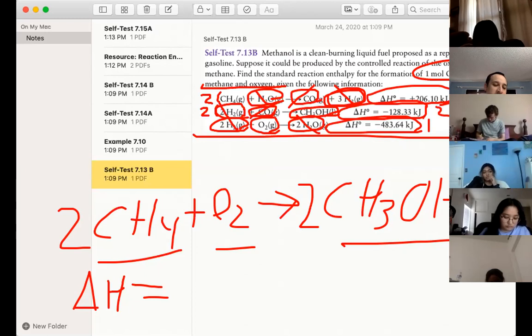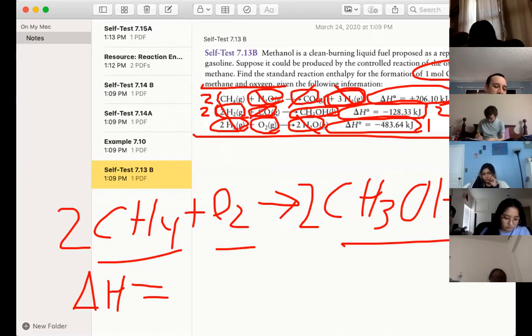So 2 times 206 is 412. 2 times negative 128 is negative 256. So 412 minus 256 is 156. Sorry, 162 minus 6 is 154.